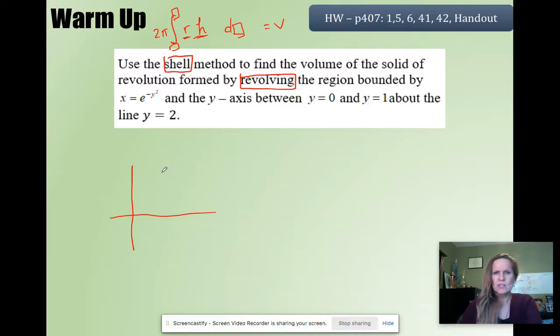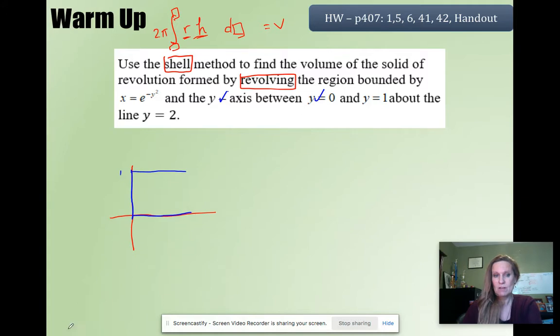So this region is between the y-axis, the x-axis, and y equals 1. But I want to rotate around the line. Oh, I didn't really leave a good enough space to draw, did I?